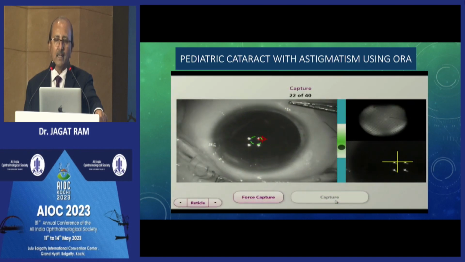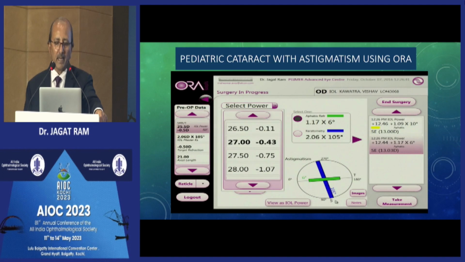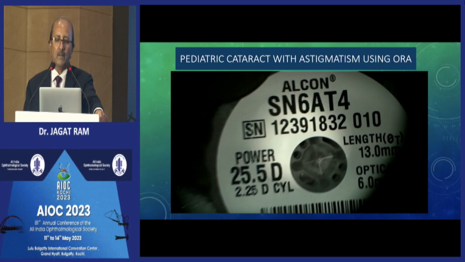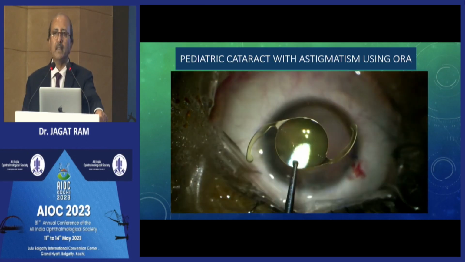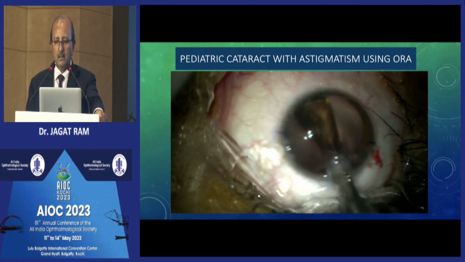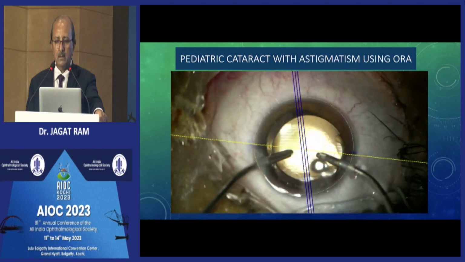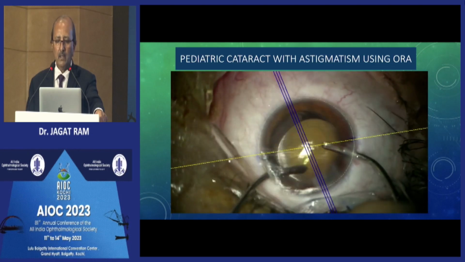Because the child is under general anesthesia, we have to make fixation much more accurate, and it gives the IOL power. But in children, we have to adjust the IOL power for underestimation. That is what you have to do. Here we are using Callisto.